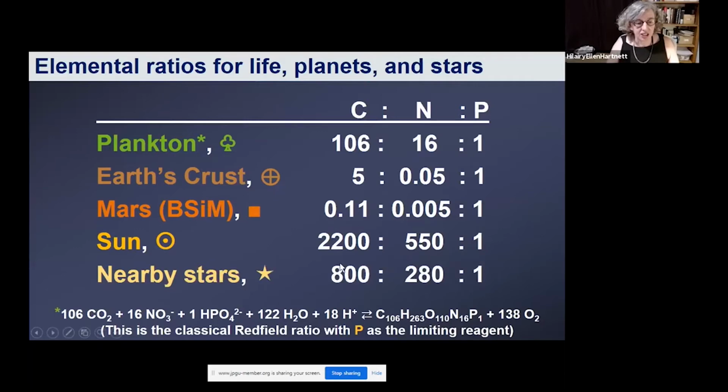The Hypatia catalog average star has a ratio of 800 to 280 to 1, so the average Hypatia star has less carbon and less nitrogen than our sun. So if the relative ratios matter for the composition of life and for the composition of planets, we really want to know these things pretty well in the stars.